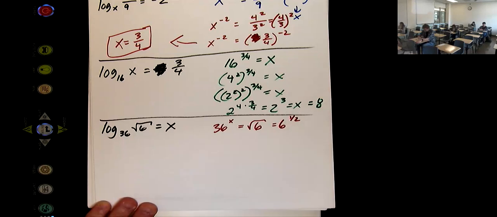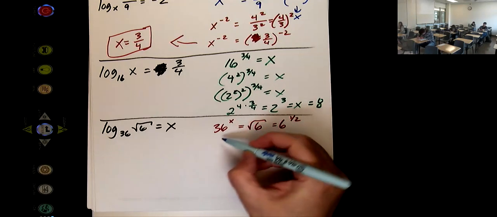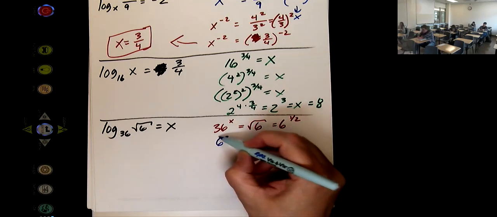So that might be a more helpful form in figuring out what x needs to be. So I can't really do anything with the 6 to the 1/2, but I can rewrite 36 as 6 squared.